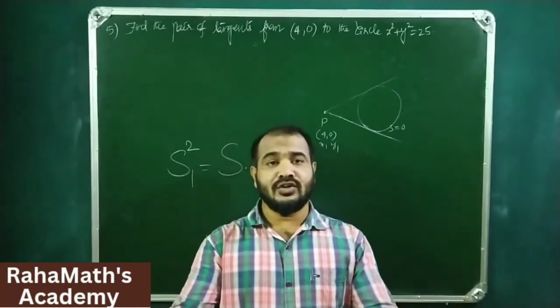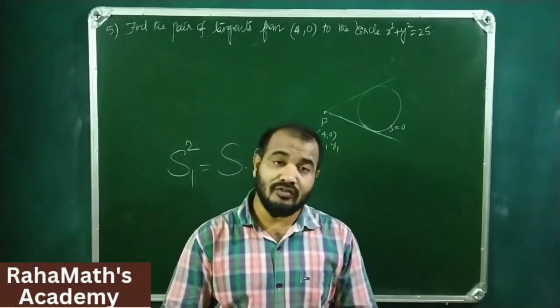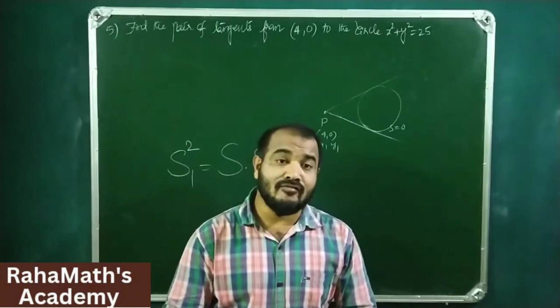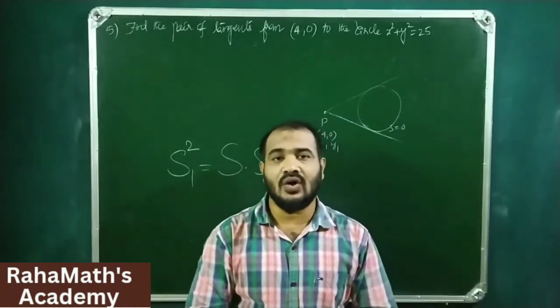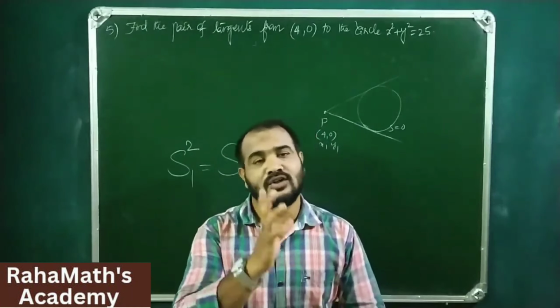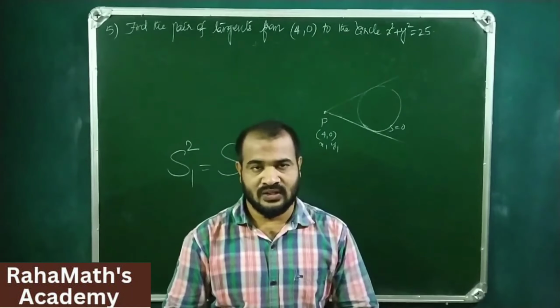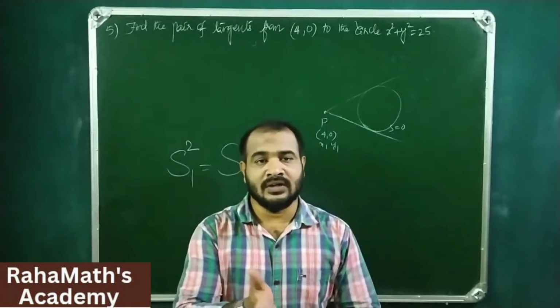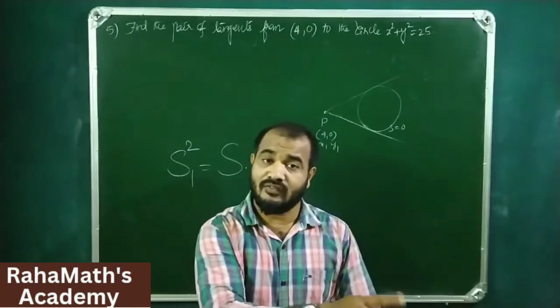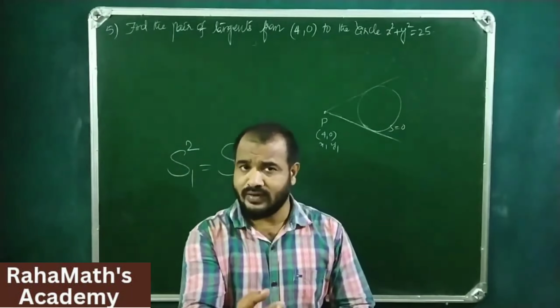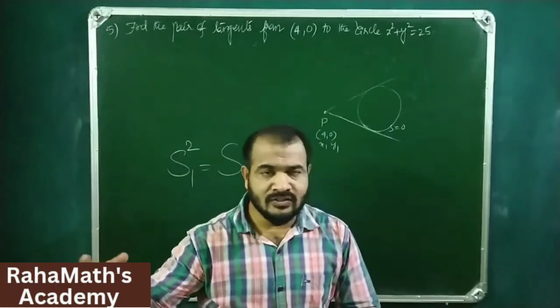So the individual equations will be L1x plus M1y plus N1 equals 0, L2x plus M2y plus N2 equals 0. The thing that is different from the first one, L1x plus M1y equals 0, is the extra plus N1 and plus N2.